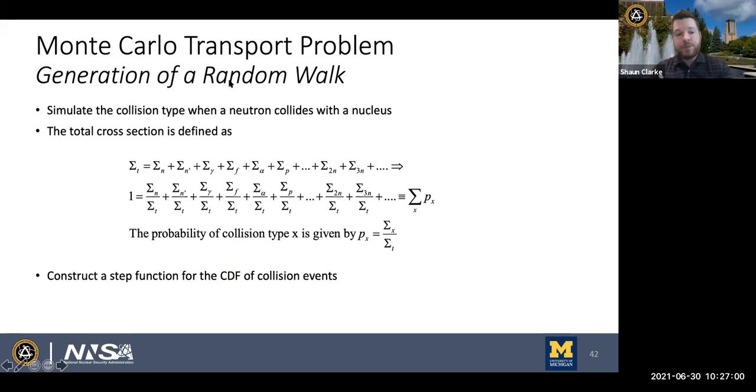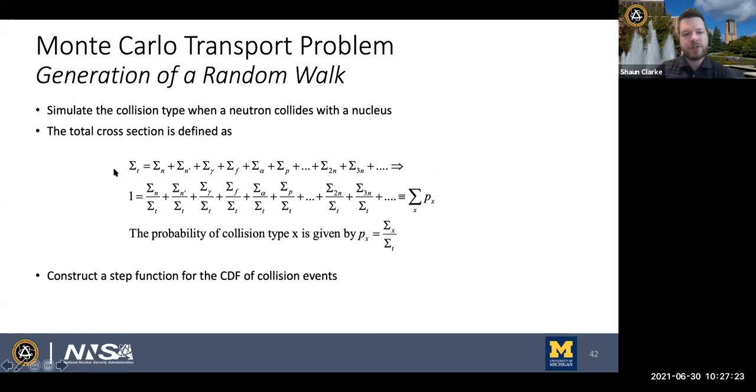Okay, so the particle has been emitted in a direction with an energy. It traveled some distance into our slab before its next collision. So now we have to ask the question, what type of collision happens in that slab? So the collision type is sampled using the cross-section data. This slide shows a general form.